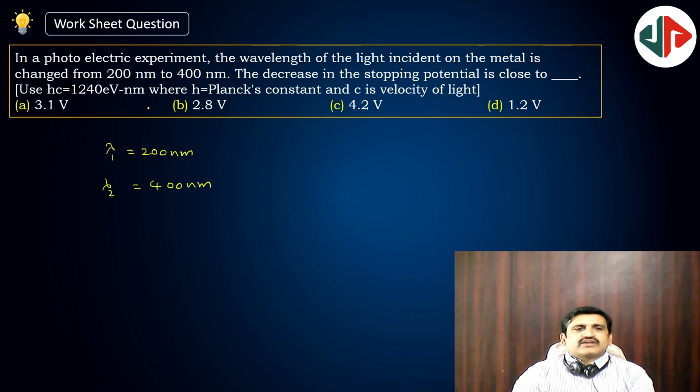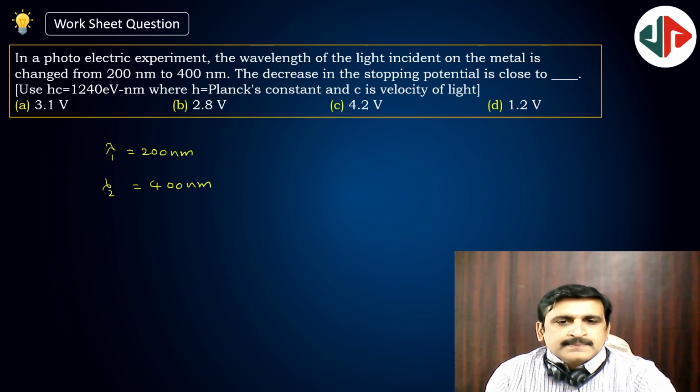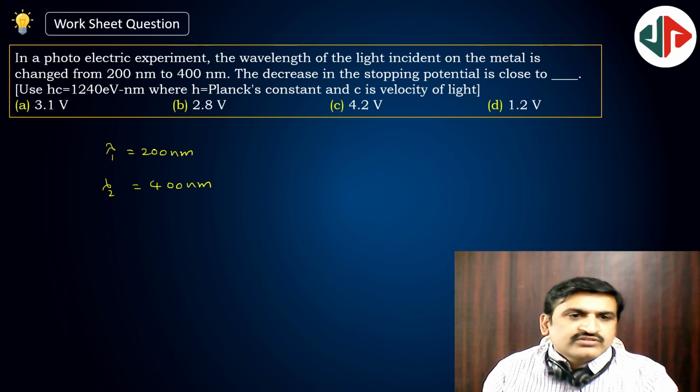Stopping potential. He didn't give the work function or threshold wavelength or threshold energy. Is that missing? Let me check from the book. Even in the book the question is as it is. So we will try simplification, it may cancel.